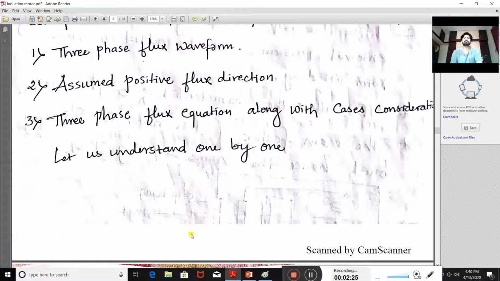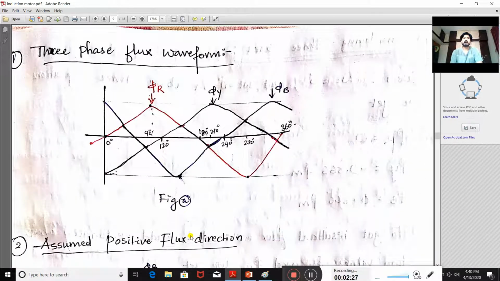Let's begin. Here I have drawn the three-phase flux waveform. Whenever three-phase AC is given to the three-phase winding of the stator, it induces flux in it. So that flux is nothing but, of course, three-phase flux.